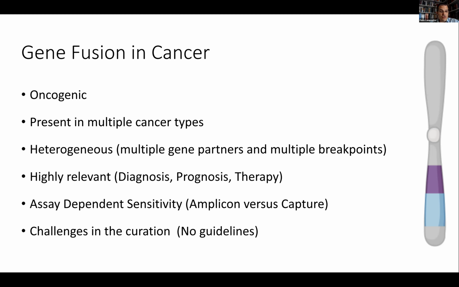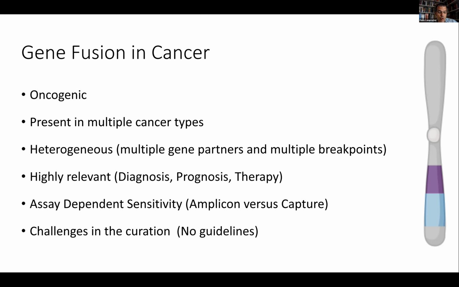So gene fusions are very heterogeneous. That means that they don't always look the same. They are kind of tricky to find and to interpret, to curate. They're highly relevant, so many times they are the genomic event that will enable us to make a specific diagnosis, such as BCR-ABL, many sarcomas and CNS tumors too.